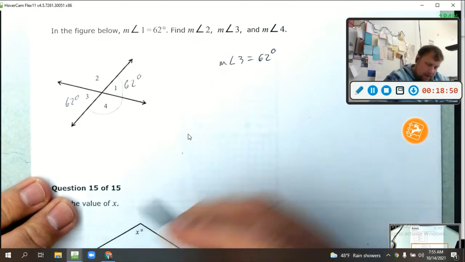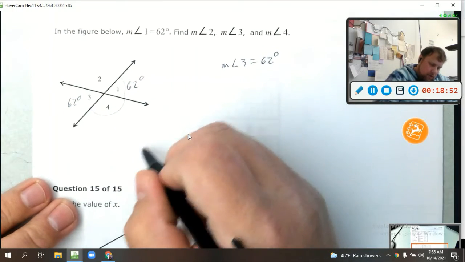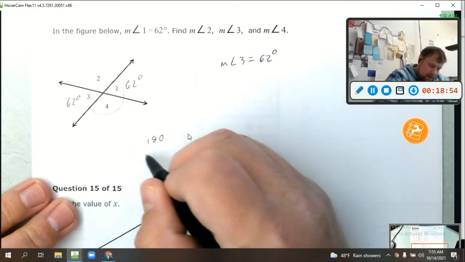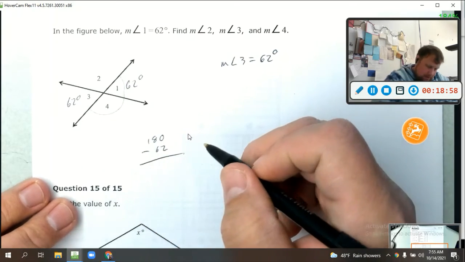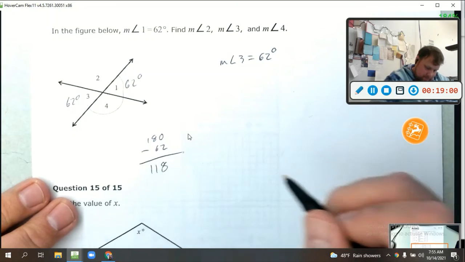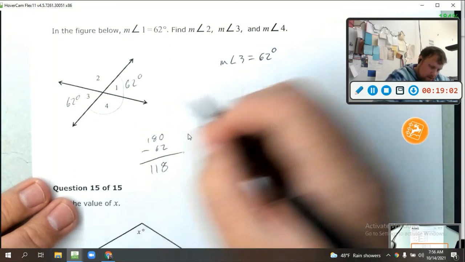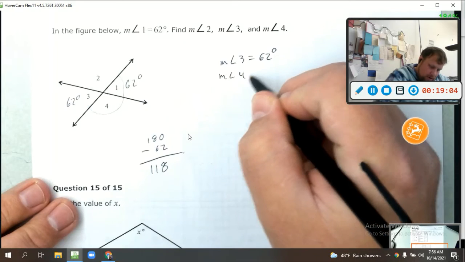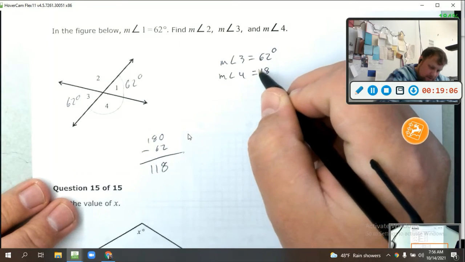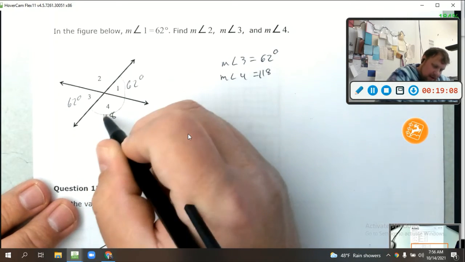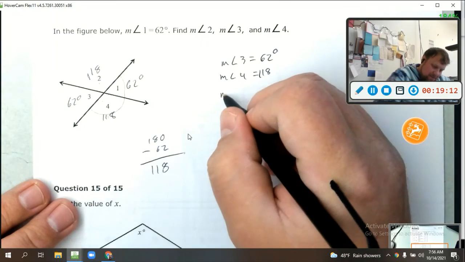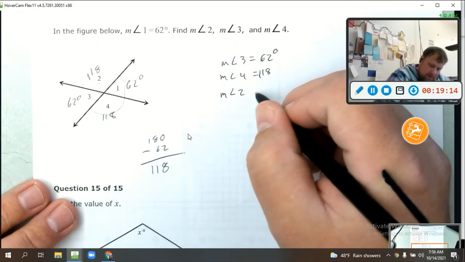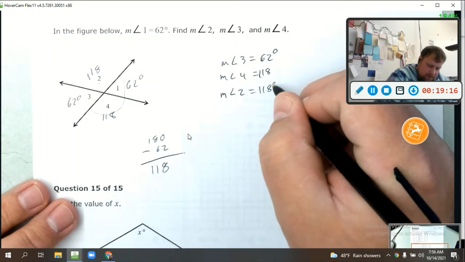They're supplementary, which means to get 4, I'm going to do 180 minus 62, which is what? 118? So I know the measure of angle 4 equals 118. And those are vertical angles, so I know this is 118. See how that works? Measure of angle 2 equals 118 degrees.